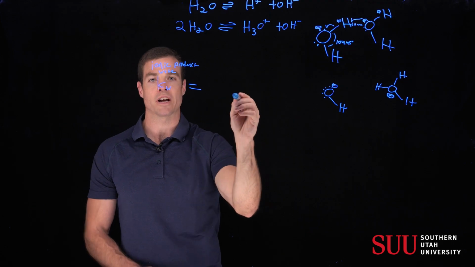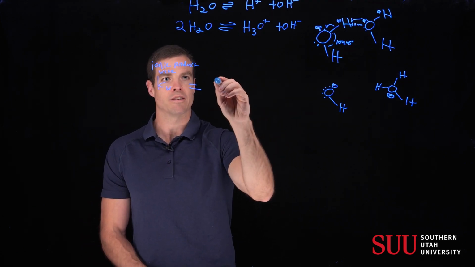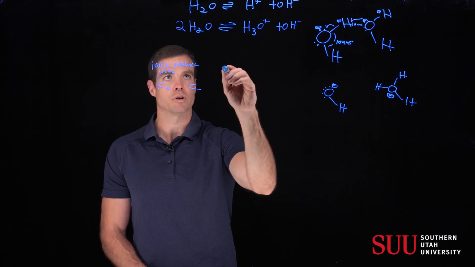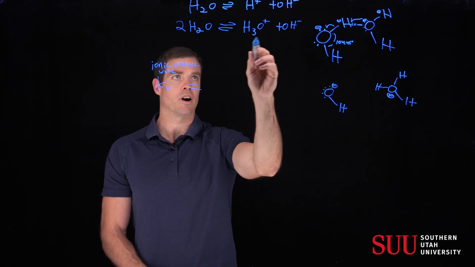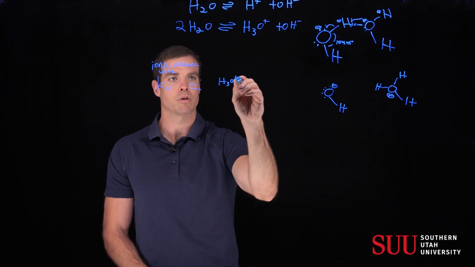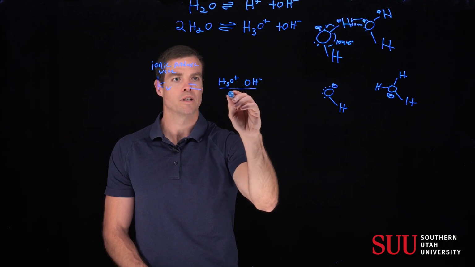And we can just write your typical reaction quotient, all right? Remember, it's products over reactants. So over here are your products, H3O plus and OH minus, over H2O.